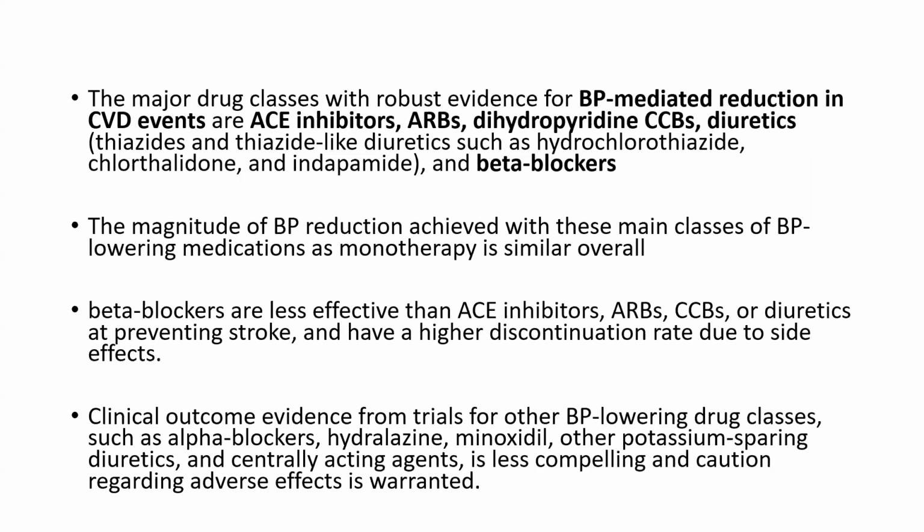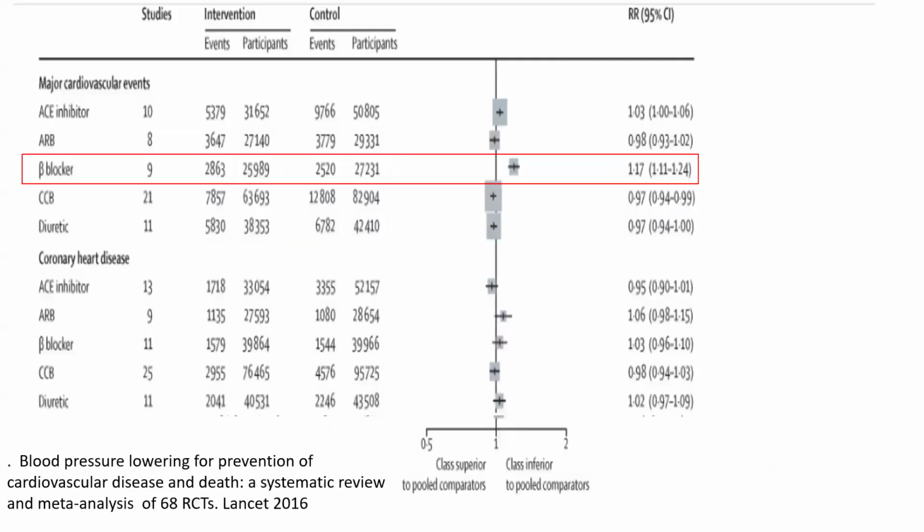And the other classes of agents like alpha blockers, hydralazine, and so on don't have compelling clinical outcome data, and there's also a concern about their adverse cardiovascular effects, so they are not first-line treatment for hypertension.